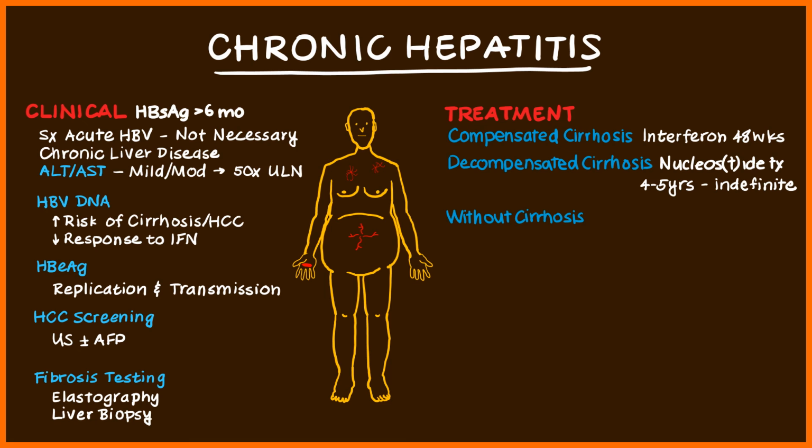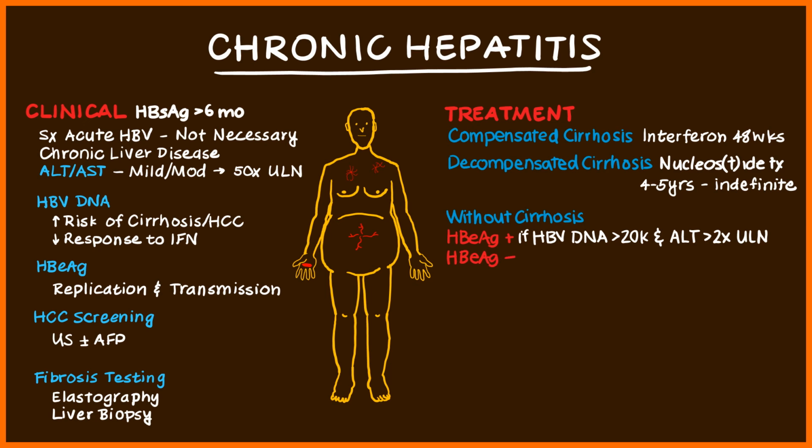Now, patients without cirrhosis, you don't always treat. You treat based on whether the envelope antigen is positive. If the envelope antigen is positive, you would treat only if the viral DNA load is more than 20,000 and the liver enzymes are 2 times above the upper limit of normal.